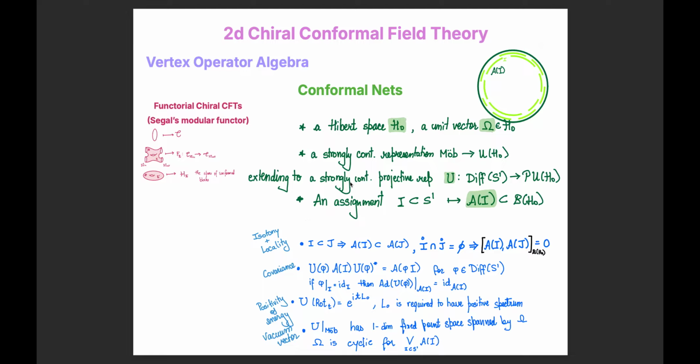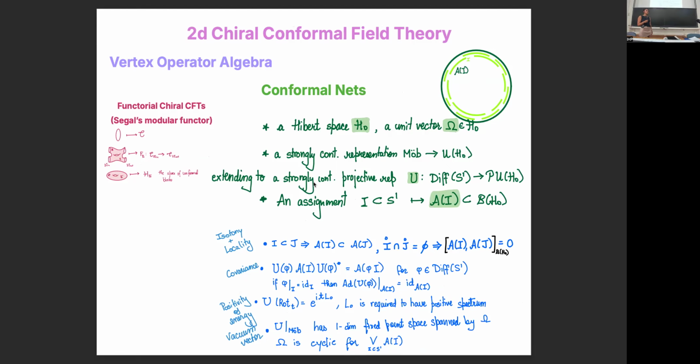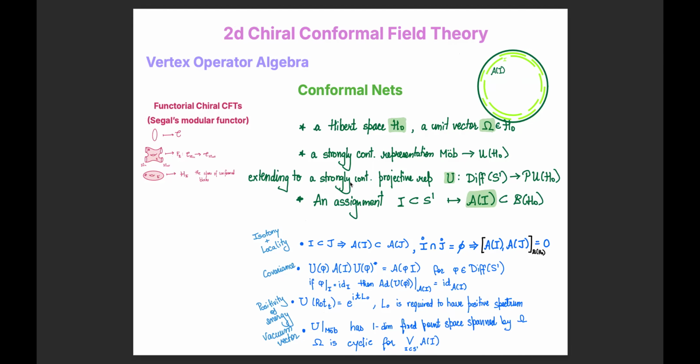And a conformal net is essentially capturing the AQFT approach, the algebraic quantum field theory data for left movers or right movers for a 2D CFT. And the conditions that this data has to satisfy are isotony and locality, which people who do physics are very familiar with. Then there is a covariance condition for this action of Diff S1 we have.